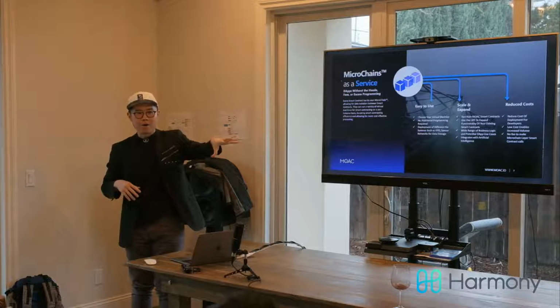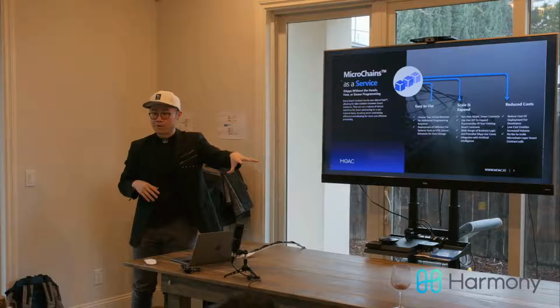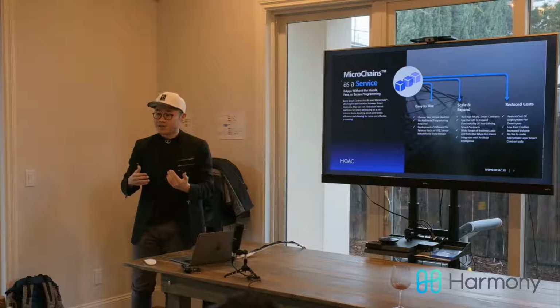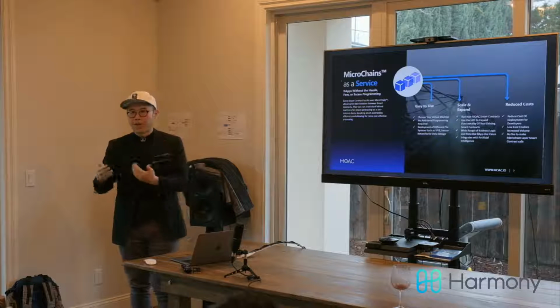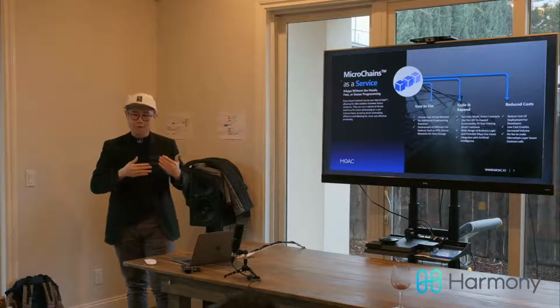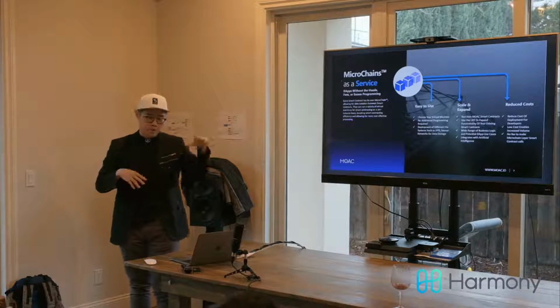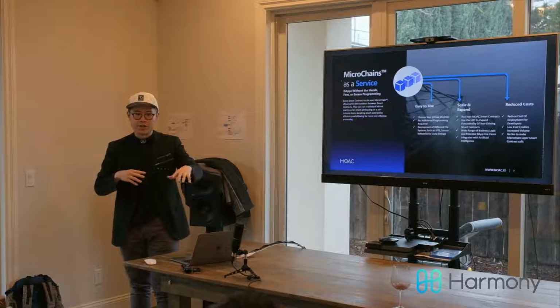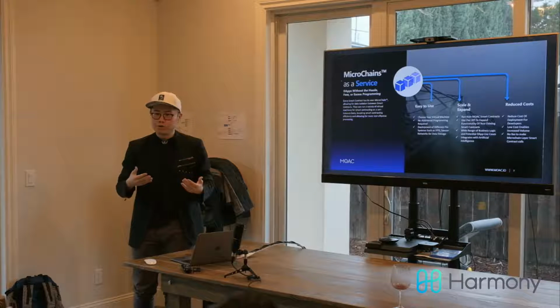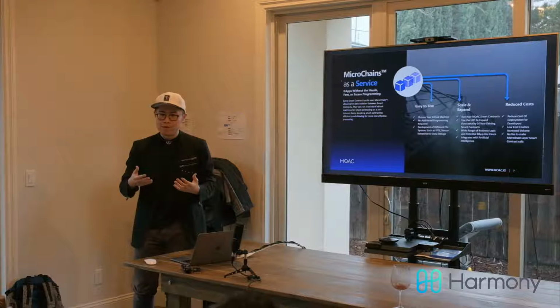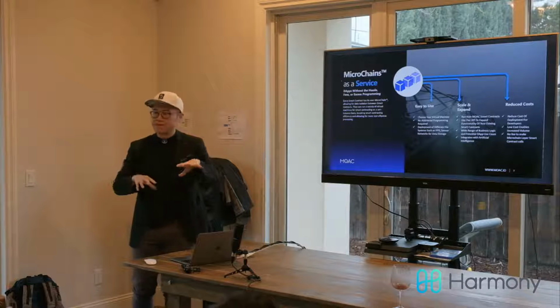If there is another macro chain on top of the network that's already running IPFS, I can use their service to store my data, right? So we have already enabled this kind of macro chain interconnection, and by leveraging this, we can potentially develop a macro chain as a service type of model, so that different macro chains can serve each other.